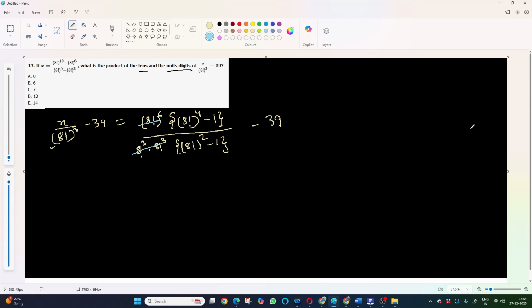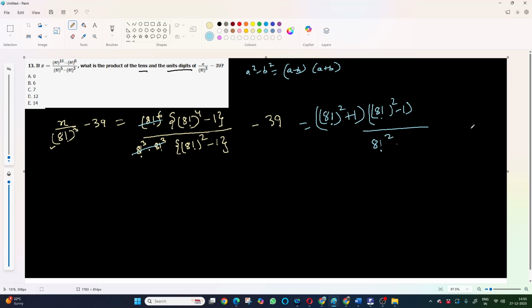If you look at the a squared minus b squared formula, this is nothing but a minus b into a plus b. So if my a is 8 factorial squared and b is 1, then we can write the above expression as 8 factorial squared plus 1 times 8 factorial squared minus 1, right? And the denominator is 8 factorial squared minus 1 as well.